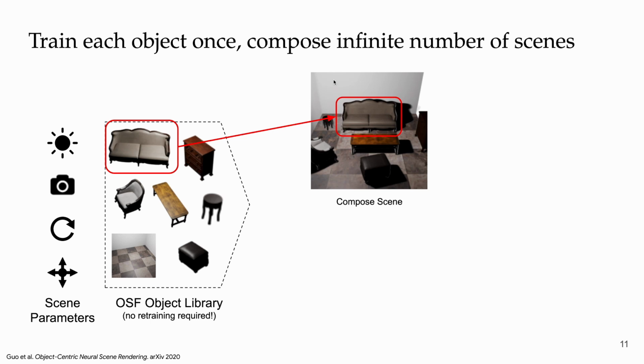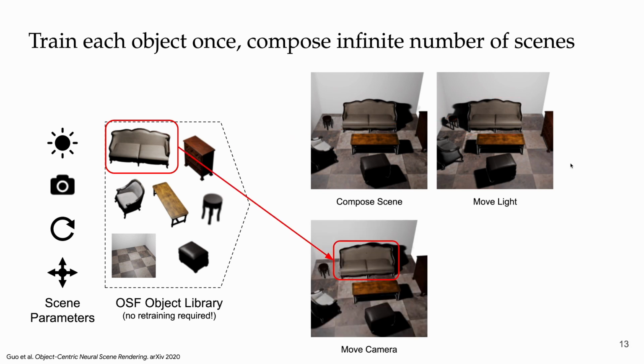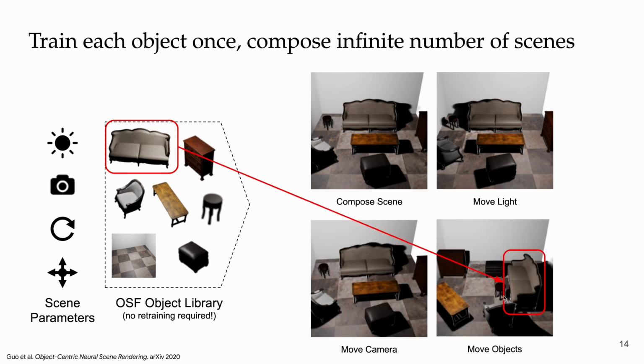As you can see here, this scene is simply a composition of the objects I'm showing in this object library. We also want to be able to move the light in the scene without having to retrain, as well as move the camera and move the objects, again without retraining, purely by reusing this pre-trained library of objects.